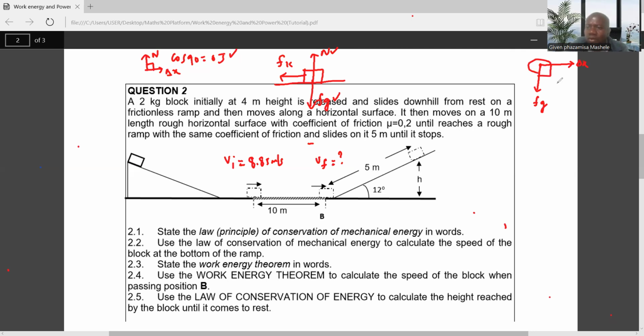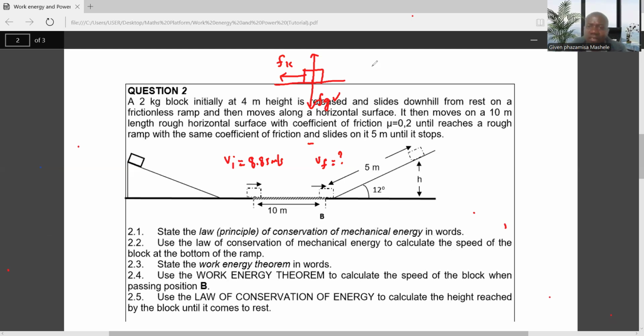You see cos 90 or cos 270 is also 0. It's not doing any work. So the only force which is doing work here is the frictional force. So now, since they said we need to use work energy theorem, we're gonna say, okay, fine.